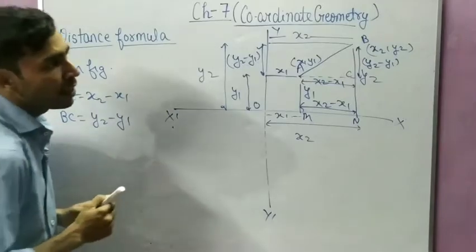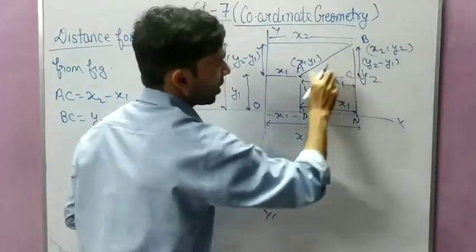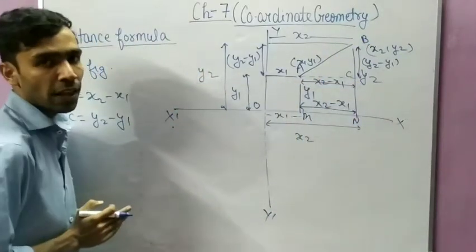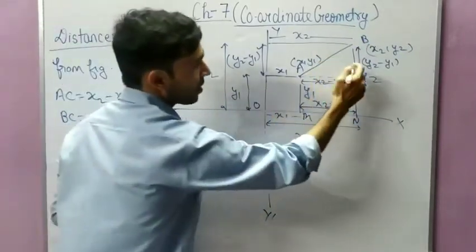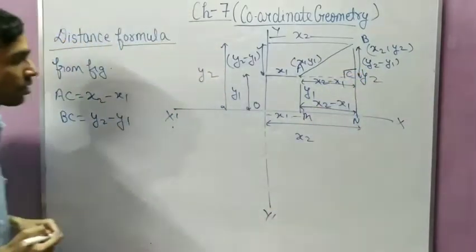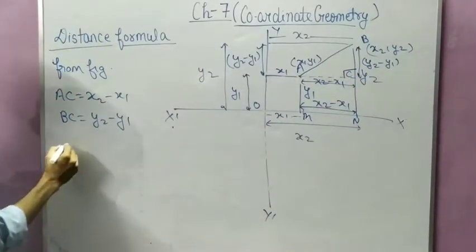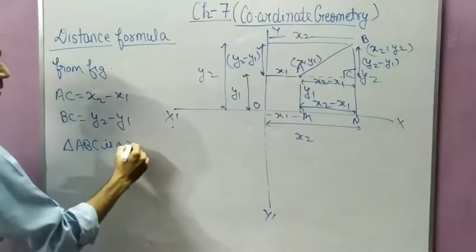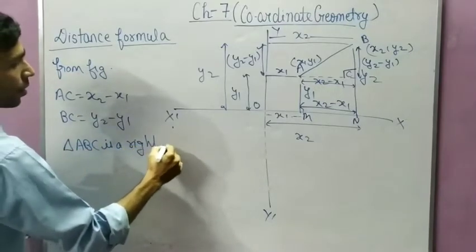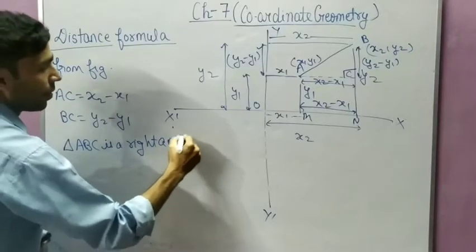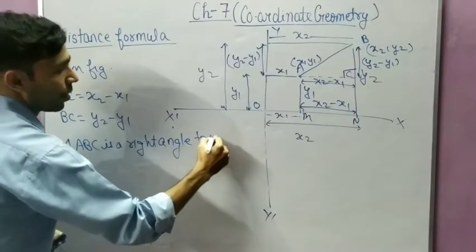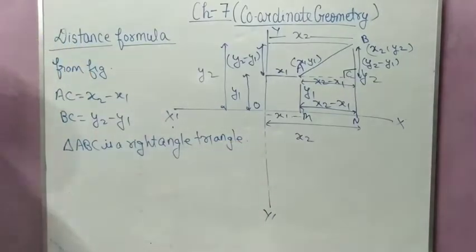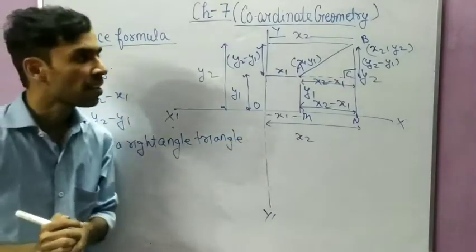Now student, you can see this is a triangle, triangle ABC, and this is which type of triangle, student? Triangle ABC will be a right angle triangle. Why is it a right angle triangle?